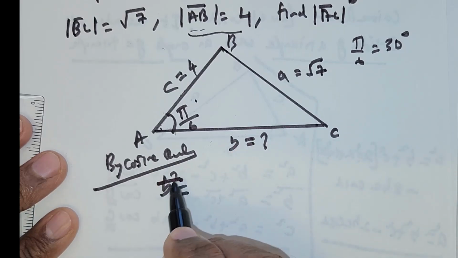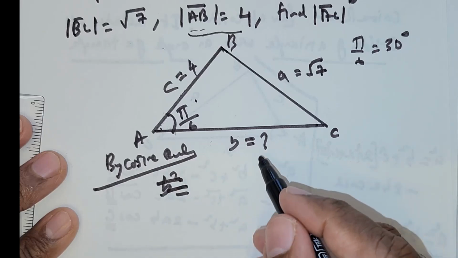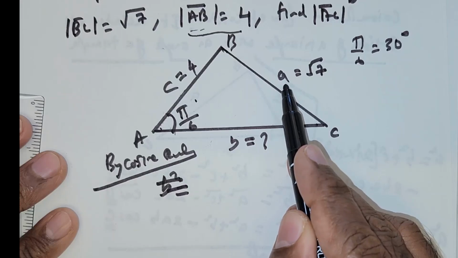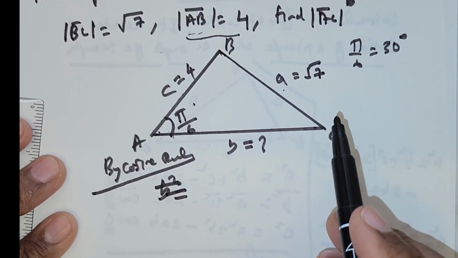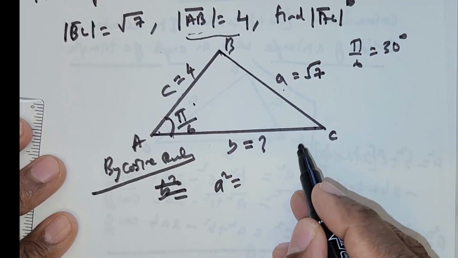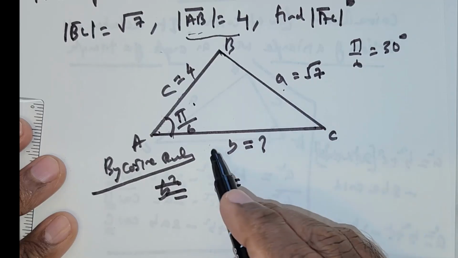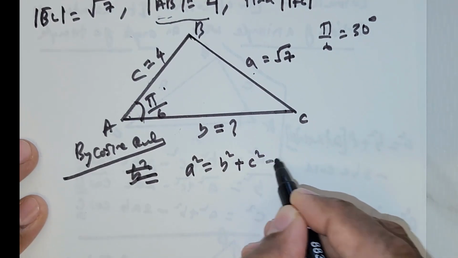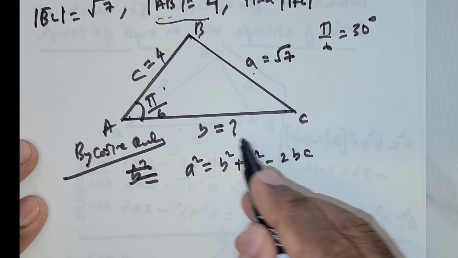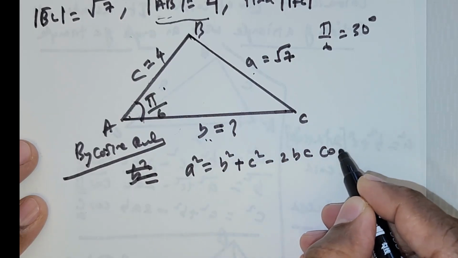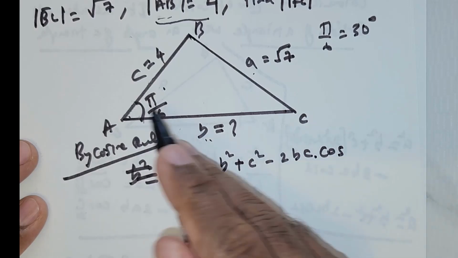So I will take a squared is equal to b squared plus c squared minus 2 times b times c times cos of the angle between them. These two sides are under consideration.